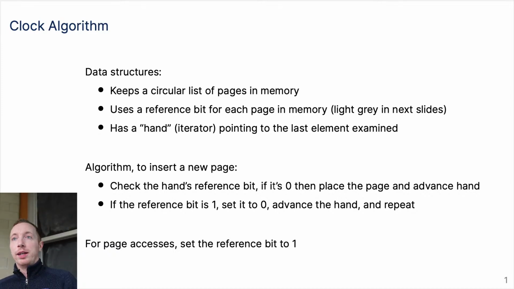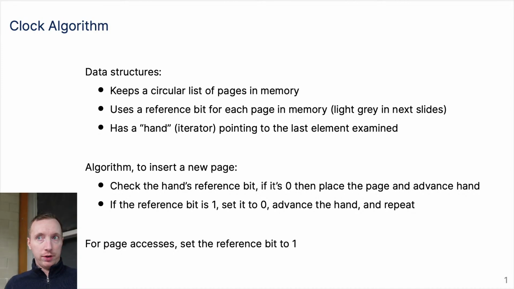The data structure is just a circular buffer of pages. It keeps a circular list of pages in memory, and it just uses one bit to keep track of whether or not it is referenced.